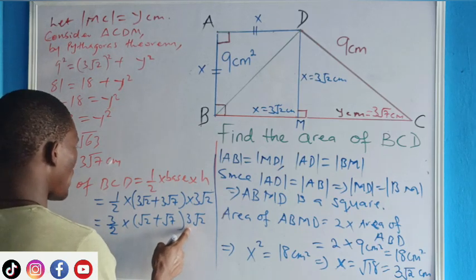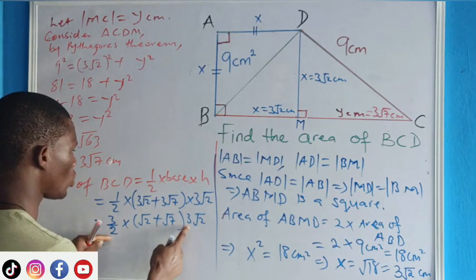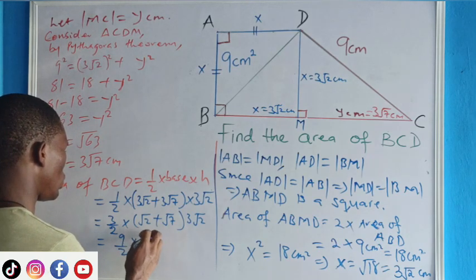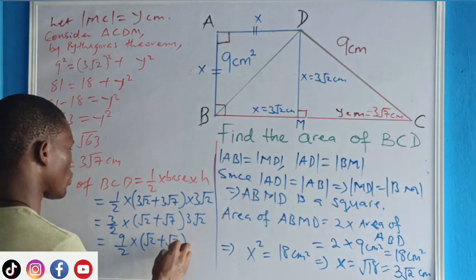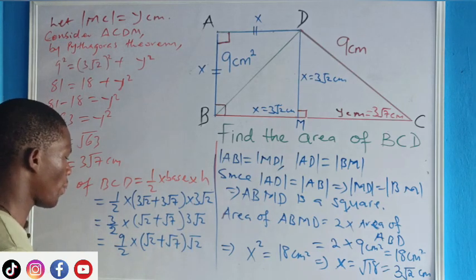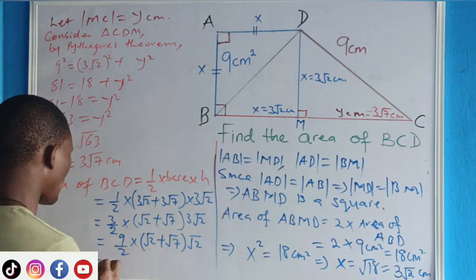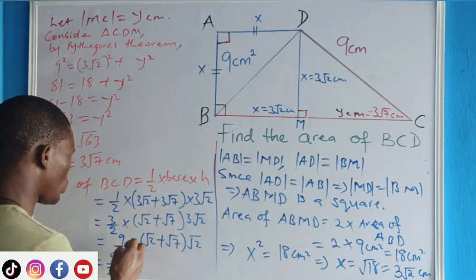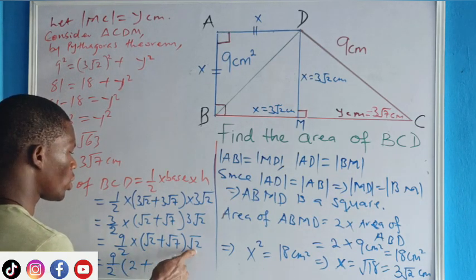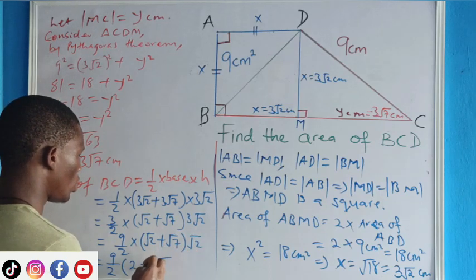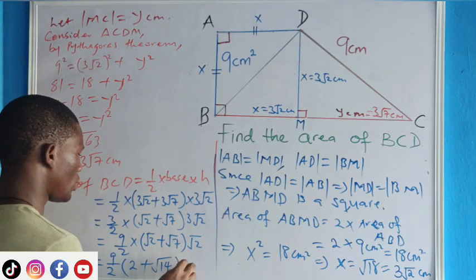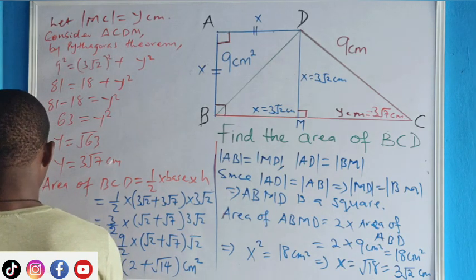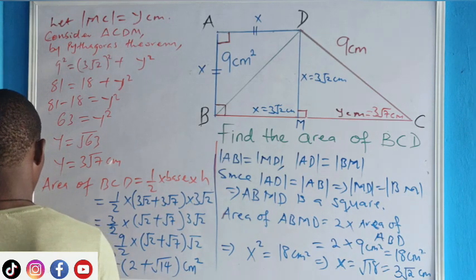Multiplying 3 over 2 by 3 gives 9 over 2 times root 2 plus root 7, and we still have root 2 outside. So we have 9 over 2 into brackets: root 2 times root 2, that is 2, plus root 2 times root 7, that is root 14, centimeters square.